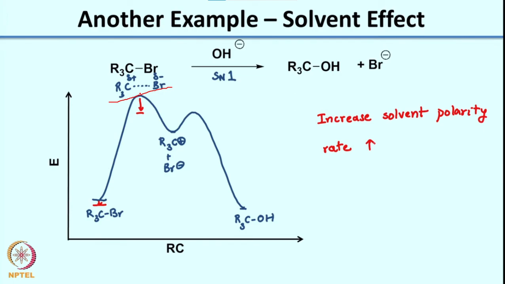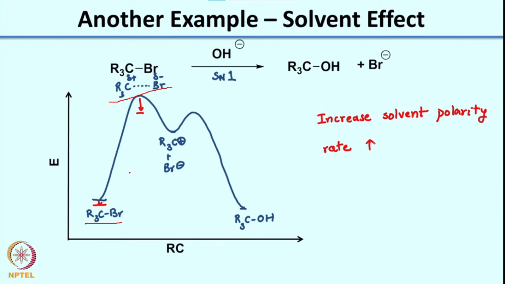Because the polarity is increasing here, polarity will increase the charged species stability. So this is neutral, that's why its stability will not be that much affected, but because this is our transition state, which is a charged species, its stability becomes high and energy gets reduced.